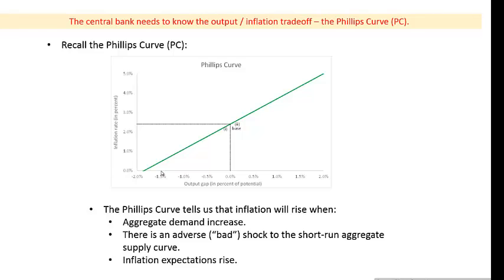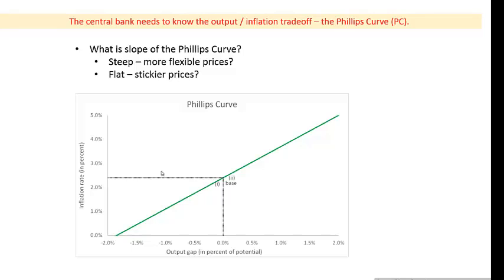And it's symmetric the other way around. So, the central bank needs to know about the output inflation trade-off. It needs to know whether, in effect, the Phillips curve is steep, you have more flexible prices, or whether it's flat and you have stickier prices.